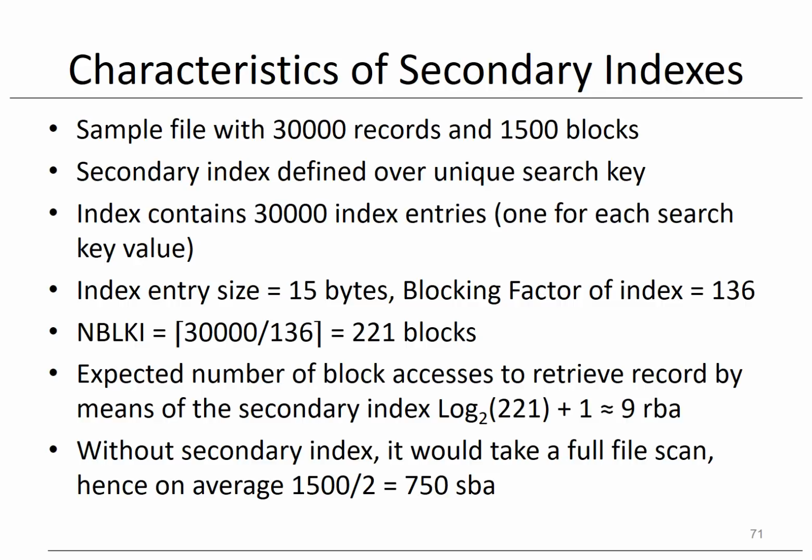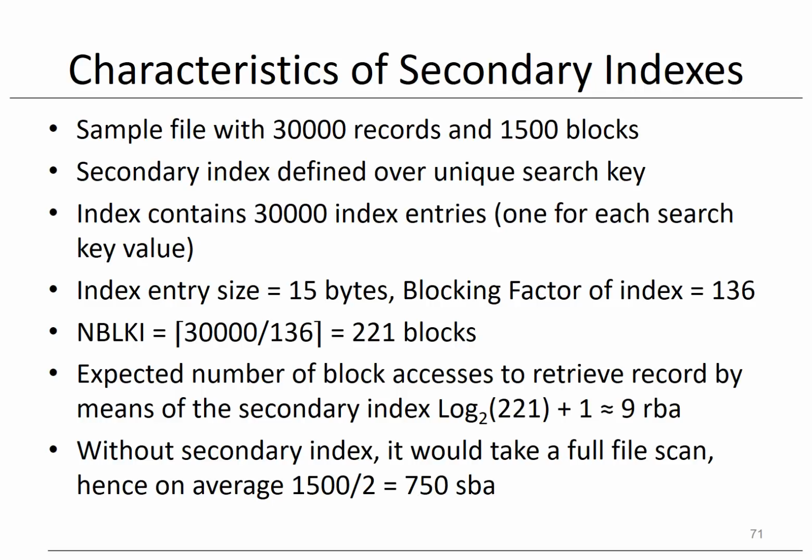For example, let's explore once more the sample file with 30,000 records and 1,500 blocks we introduced earlier. Suppose we are using a secondary index, defined over a unique search key. The index contains 30,000 index entries, one for each search key value. If we assume an index entry size of 15 bytes again, the blocking factor of the index is again 136.